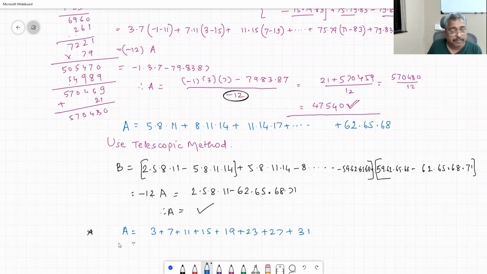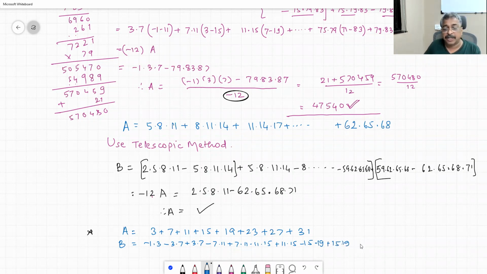What is our trick now? B is equal to minus 1 into 3 minus 3 into 7 plus 3 into 7 minus 7 into 11 plus 7 into 11 minus 11 into 15 plus 11 into 15 minus 15 into 19 plus 15 into 19.